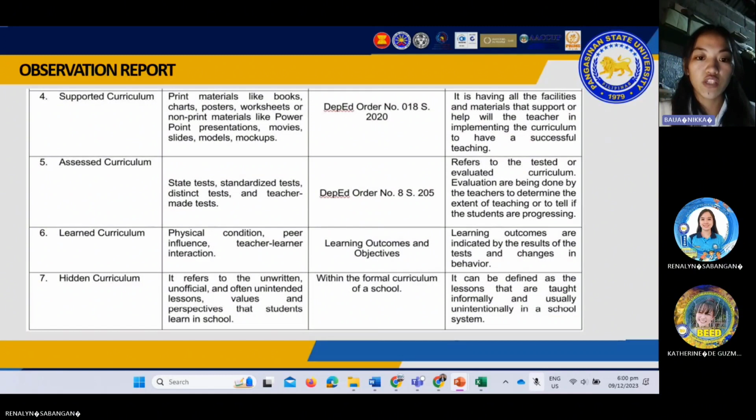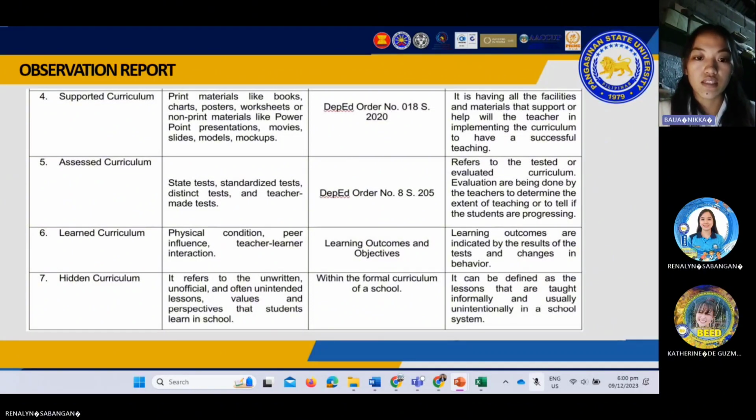Number six, learned curriculum. The example of this is physical condition, peer influence, teacher-learner interaction. It is located in learning outcomes and objectives. The description of this is learning outcomes are indicated by the results of the test and changes in behavior.